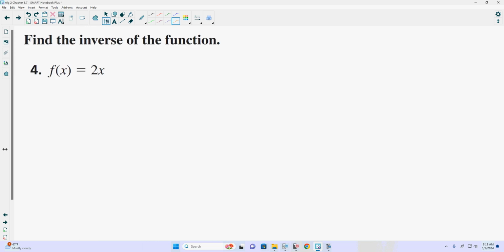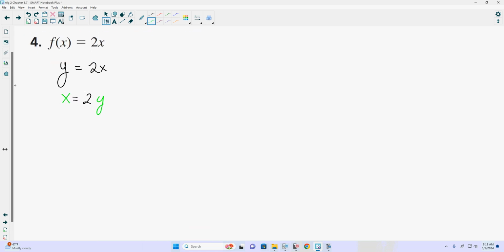f of x equals 2x. So we would say y equals. Yes, then we would switch x and y. Divide by 2. y is equal to x over 2.